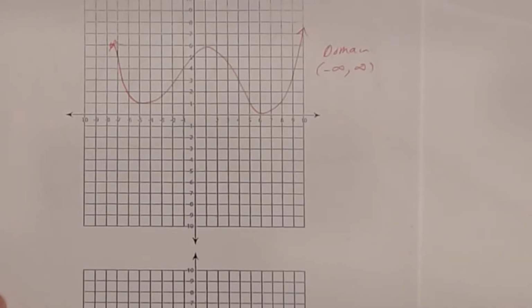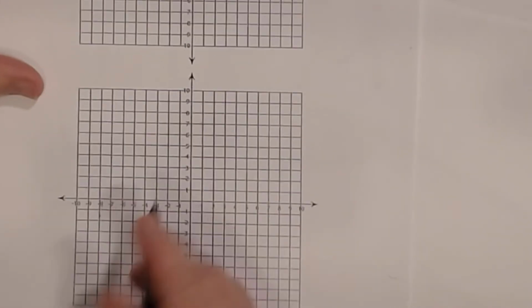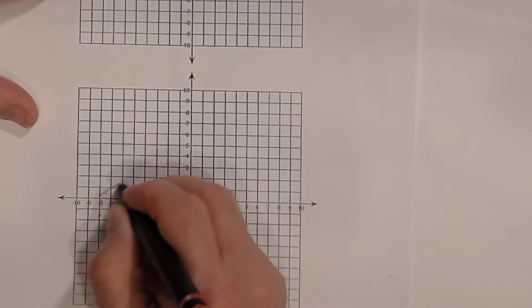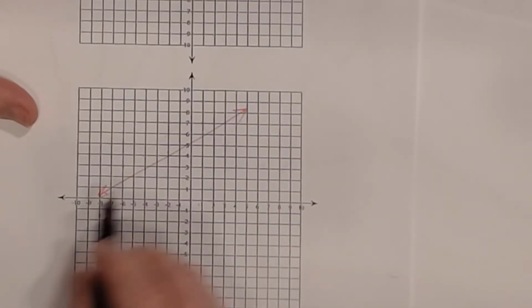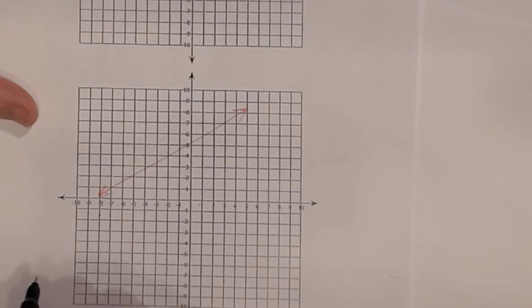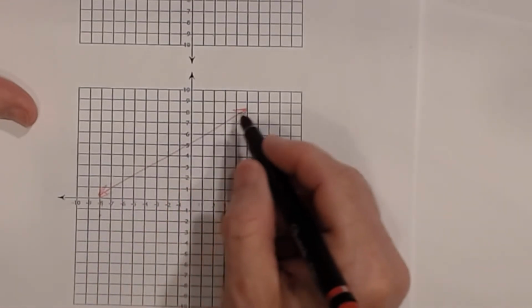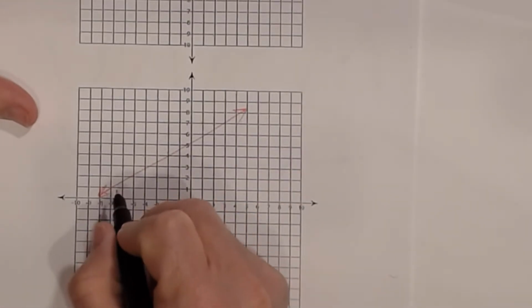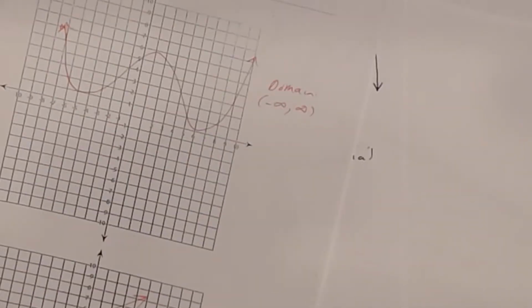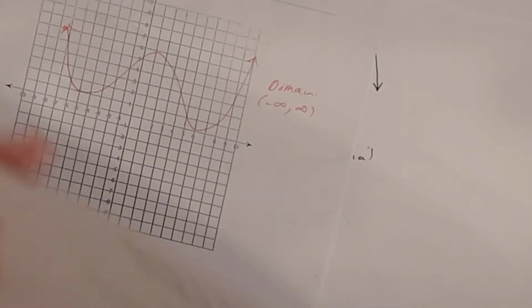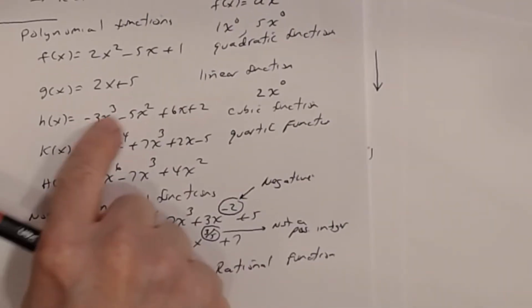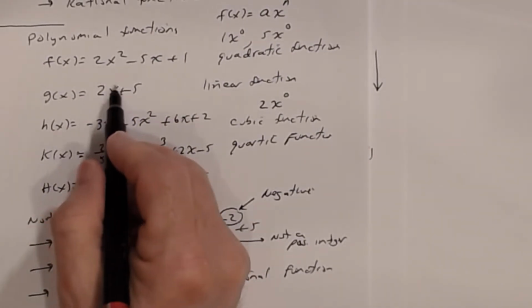Now, one thing I have to mention is that the graph of a line is still a polynomial function. Even though it doesn't look like a smooth curve, by definition, when you look at the function that we had earlier, remember this right here, that's a linear function. So that's a polynomial.